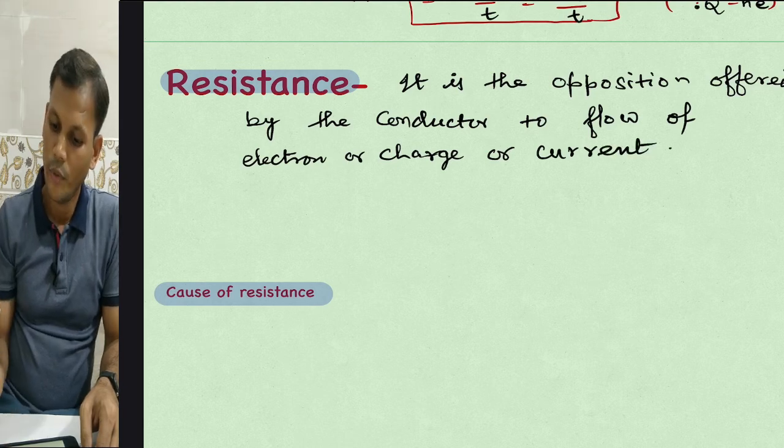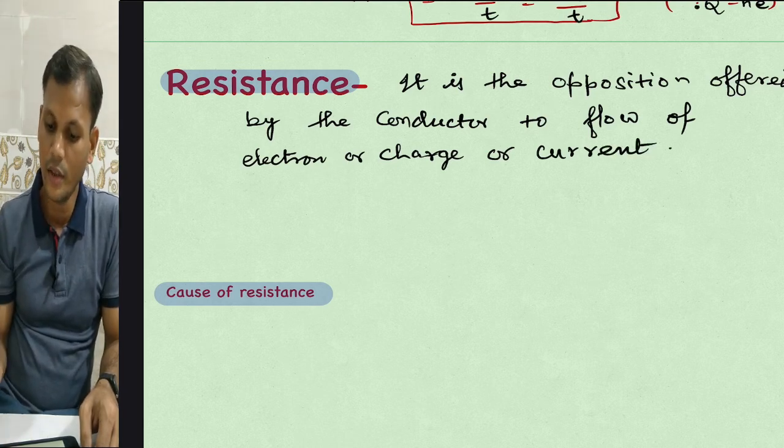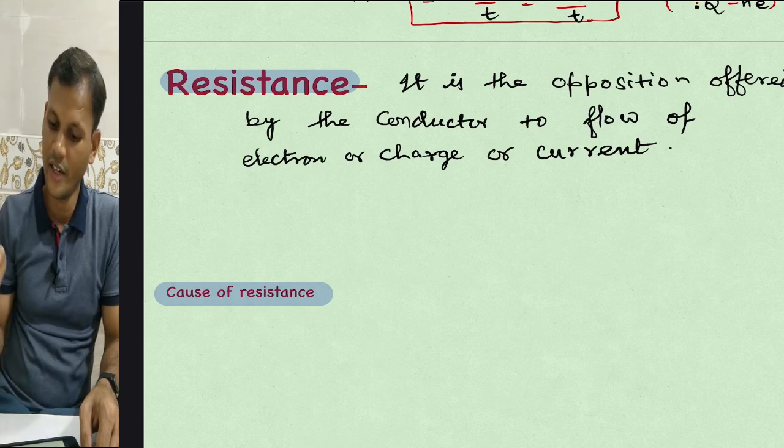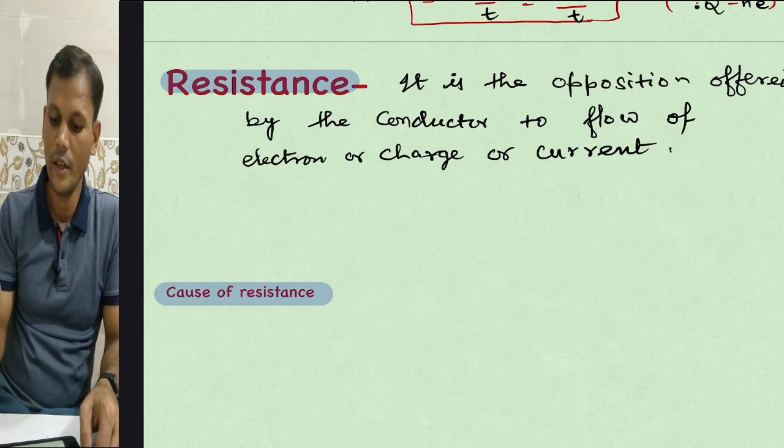It is the opposition offered by the conductor to the flow of electron or charge or current. Any of the words we can use.